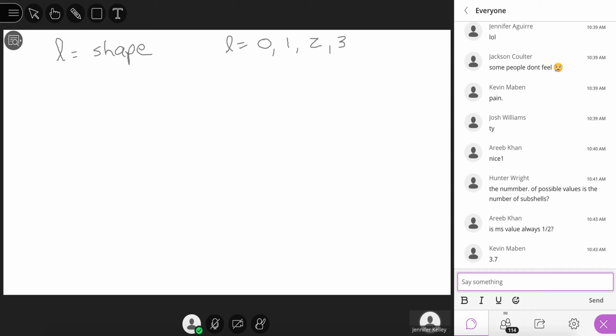Of course, you get a little bit of a glitch when you finally get back to S. But electrons don't get that far out. Most of the time, the highest you're going to get is an F. Rarely you might get a G, but I don't think we're going to do that in this class. So that's S, P, D, F.